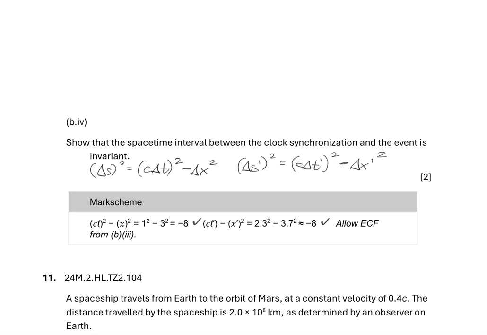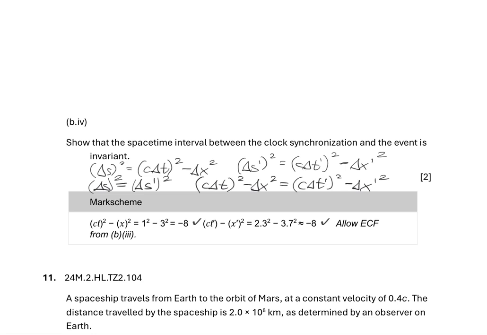What space-time invariance shows is that these two space-time intervals are the same despite the relative motion of the two frames. They are invariant, they do not vary. So based on the ct and x coordinates of each reference frame, if we square them and subtract them, they should be equal or close.